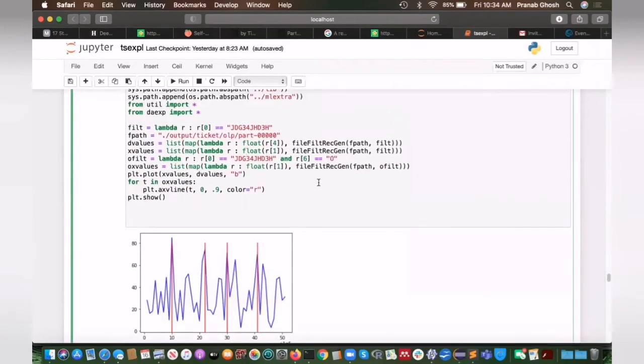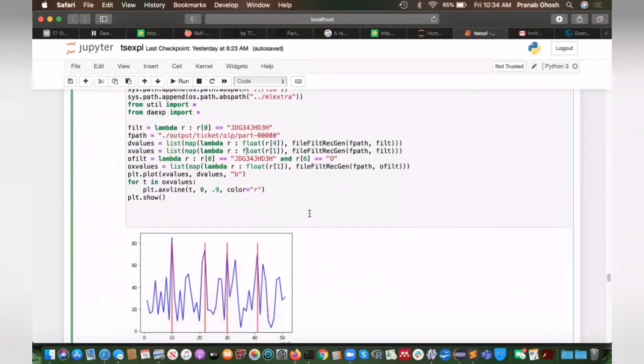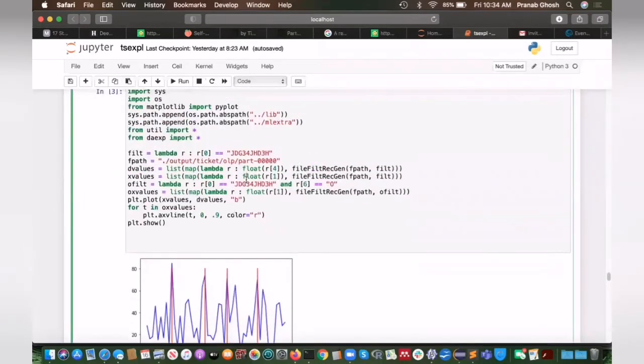So here, what I've done is I've taken that outlier output, and I'm showing the outliers for one particular service center, which has this ID. So I'm getting all the data values. This is a Python generator that I have in a file called util.py in the lib directory, and you can also provide a lambda function which acts as a row filter.